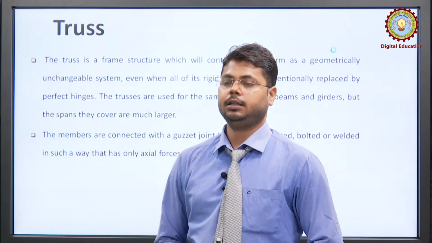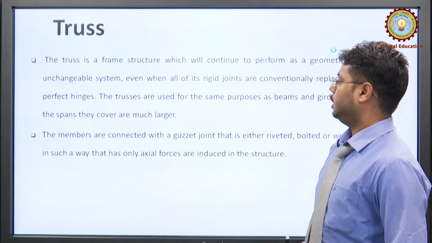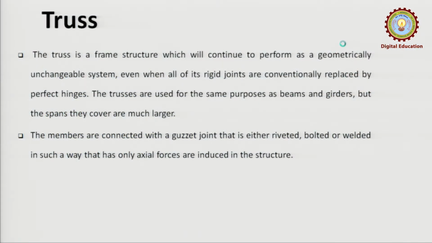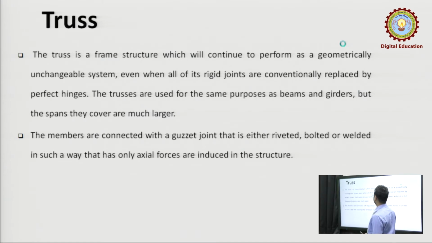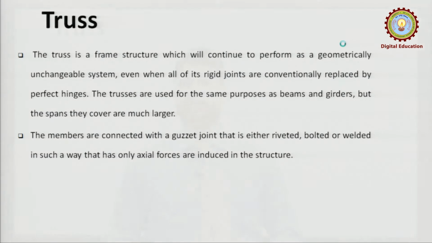As you can see here, it is telling us that the truss is a frame structure which will continue to perform as a geometrically unchangeable system even when all of its rigid joints are conventionally replaced by perfect hinges.